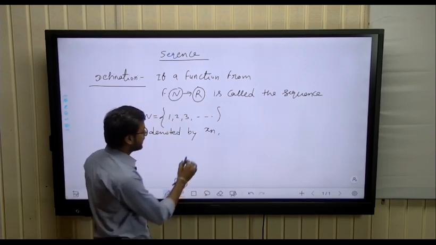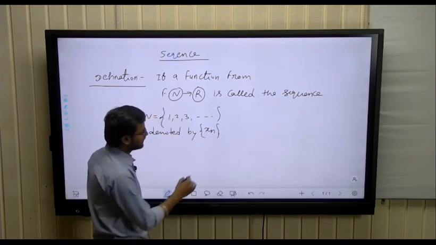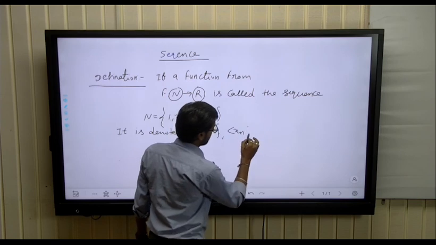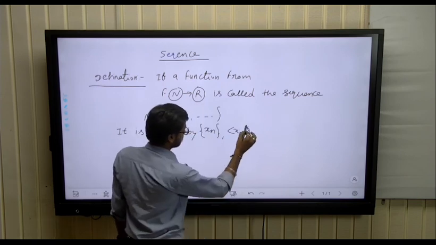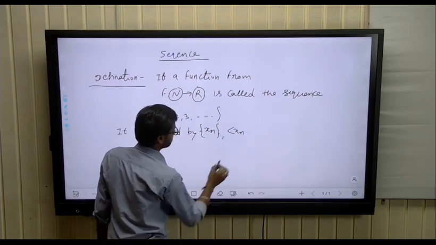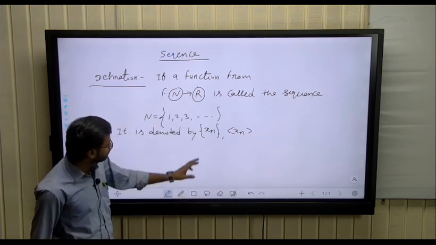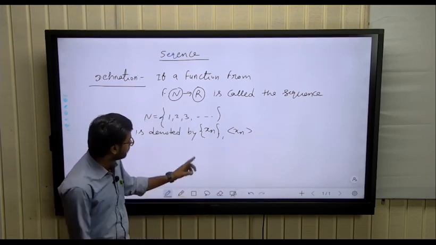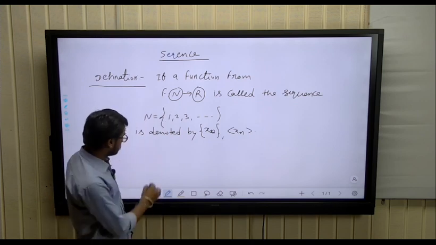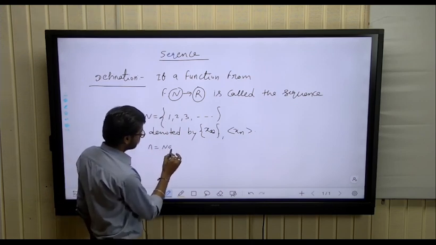It is denoted by xn. Many books represent it like this. So this is the notation of a sequence, where n is a natural number.